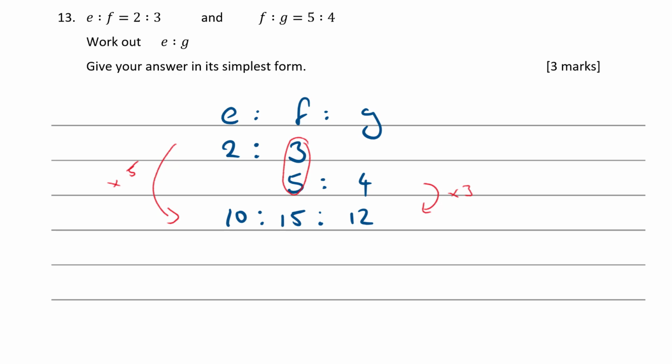And therefore, the ratio of E to just G is going to be equal to 10 to 12. And that simplifies down, doesn't it? 10 to 12 simplifies down to 5 to 6. So my final answer is 5 to 6.